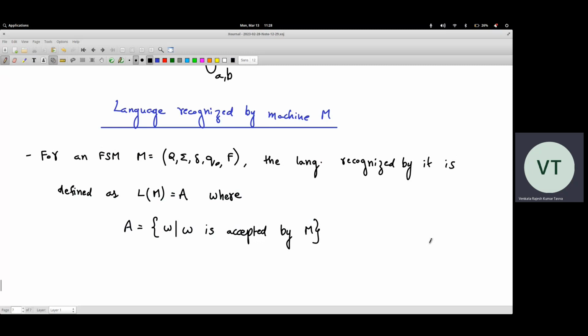When do we say a string is said to be accepted? Intuitively, we know when you are reading a string, by the time you finish reading the last symbol, if you end up in an accept state, that string is said to be accepted by the machine. If you don't land up in an accept state, by the time you finish reading the string, that string is not accepted by the machine. That same thing we define formally.